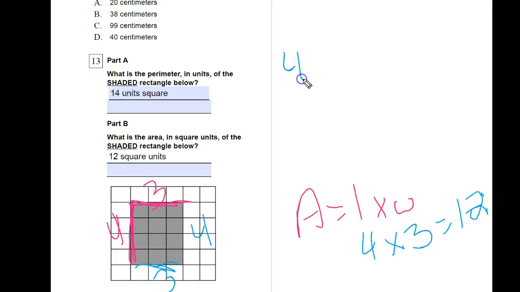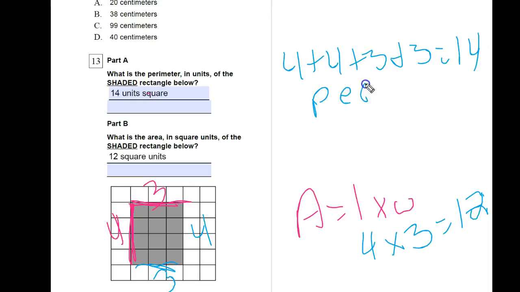So I need to add those, 4 plus 4 plus 3 plus 3, and I got 14. This was the perimeter. It is when you add all the sides.